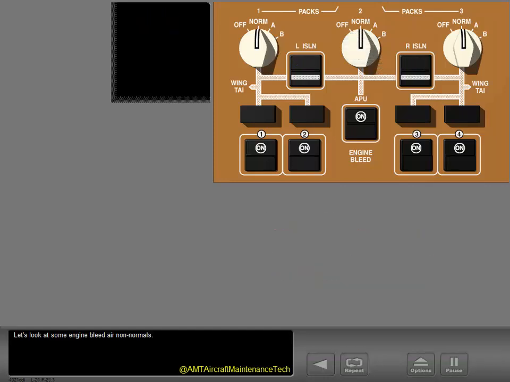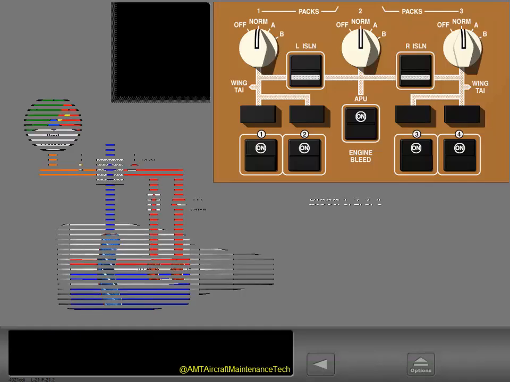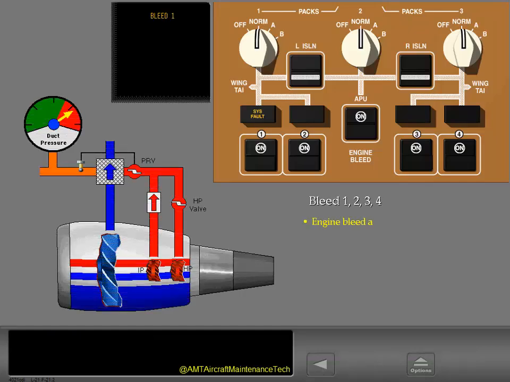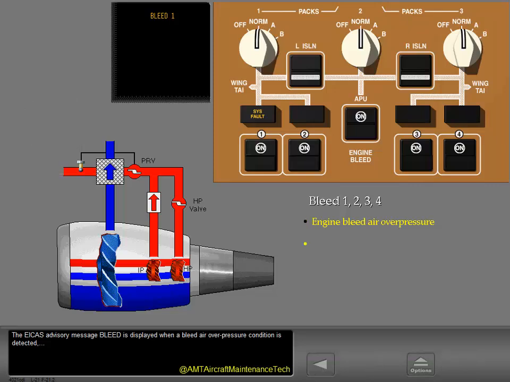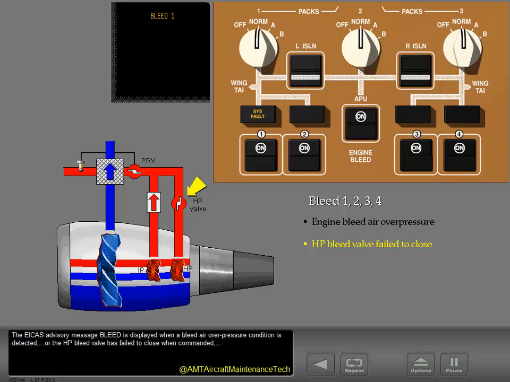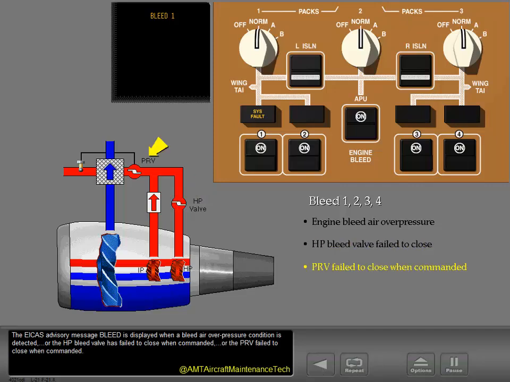Let's look at some engine bleed air non-normal conditions. The ICAS advisory message bleed is displayed when a bleed air overpressure condition is detected, or the high pressure bleed valve has failed to close when commanded, or the pressure regulating valve failed to close when commanded.